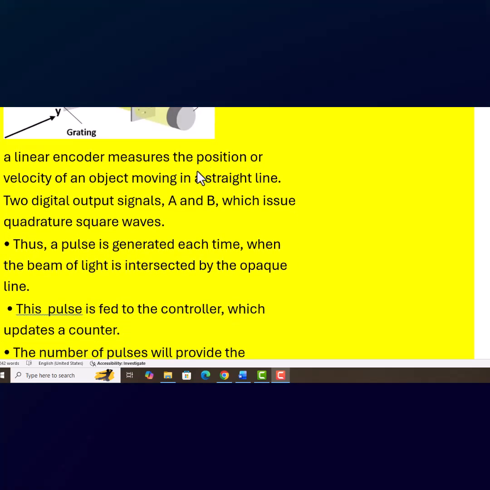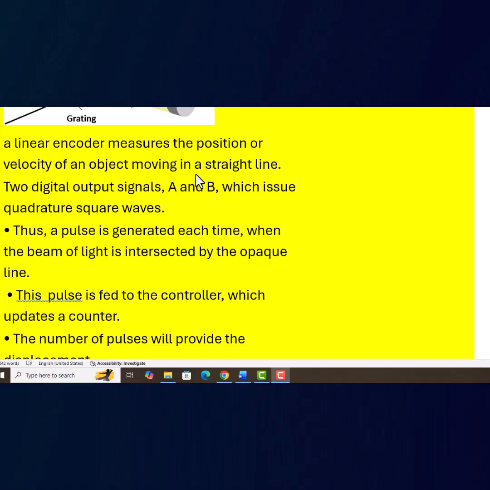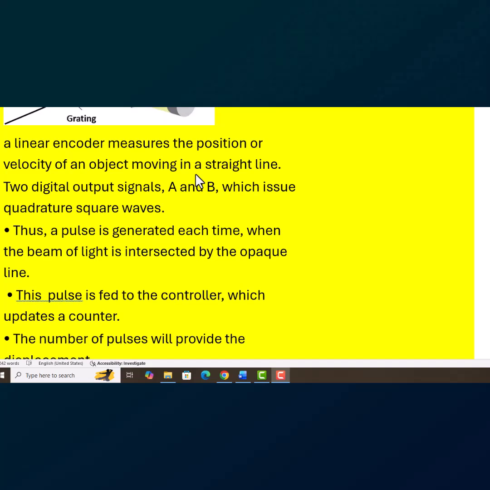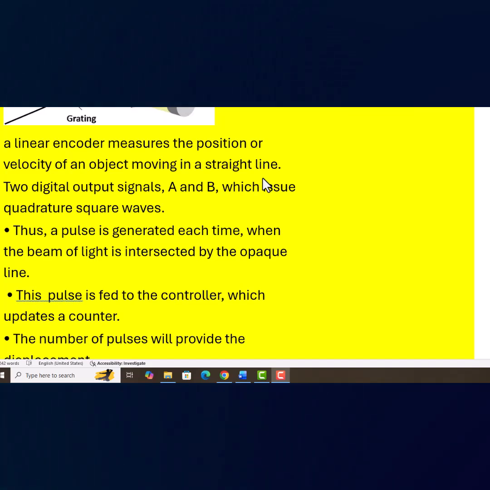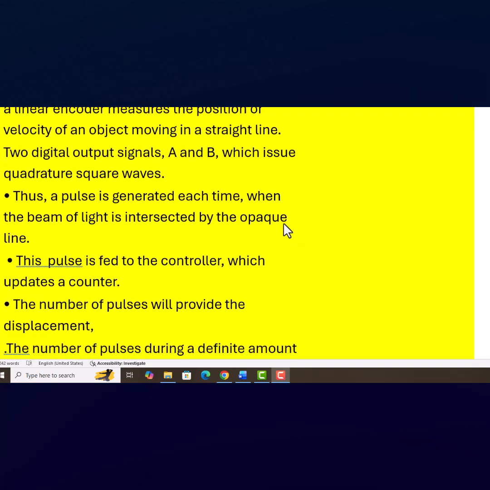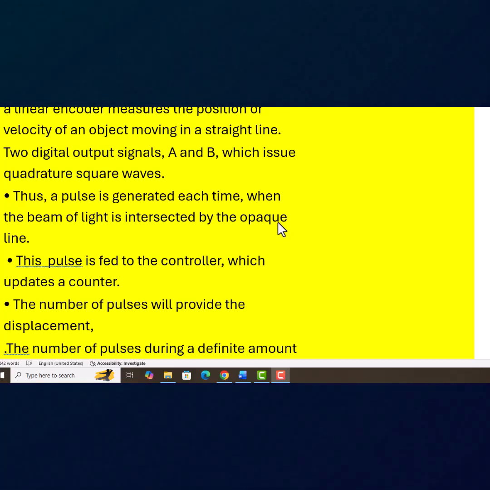The pulses are connected to the microcontroller, and microcontroller will send those pulses to the counter, and the counter will count the number of pulses. And if you know the number of pulses and the time taken for those pulses to be produced, then we can calculate the speed, because the number of pulses produced is directly proportional to the distance traveled.